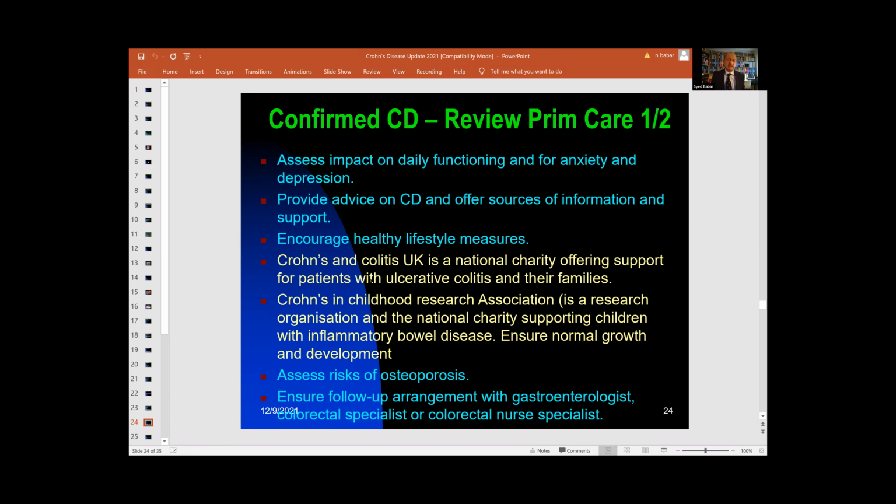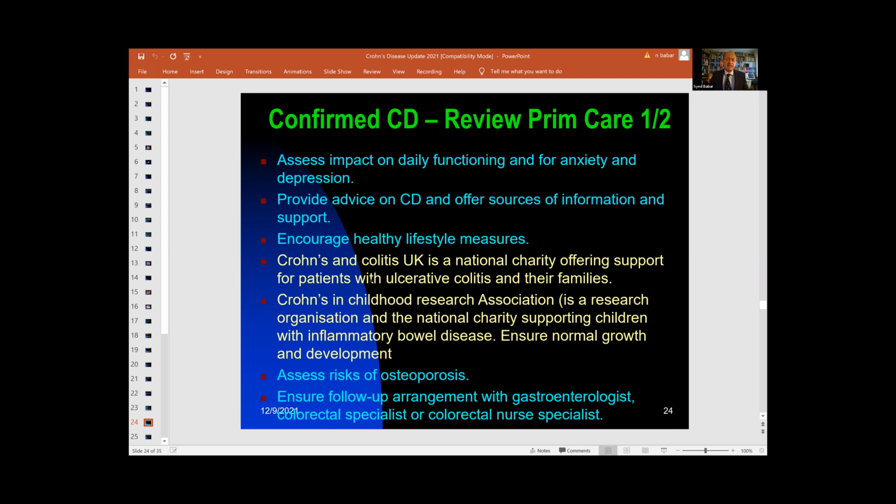If there is a patient who has been diagnosed with Crohn's disease and then presents in primary care on a follow-up, how does one assess his suffering or his improvement? We need to assess the impact on his daily functioning and cater for anxiety, depression and psychosocial aspects.